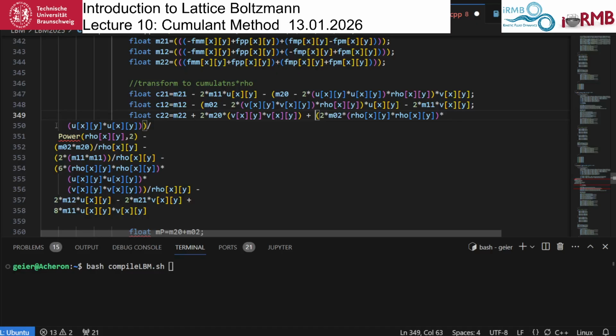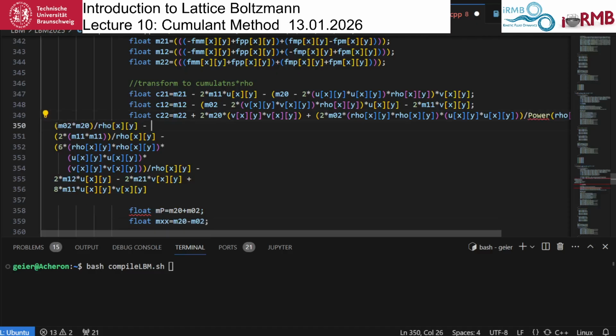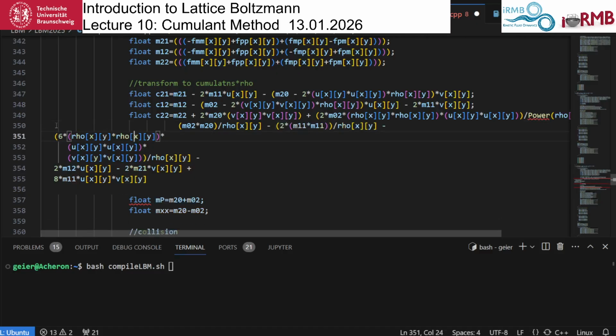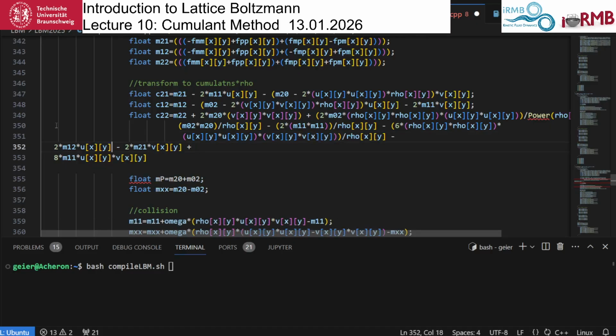Let me try to get this a little bit better organized, and I'll stop organizing here. Okay, I mean, we can deal with this very easily.